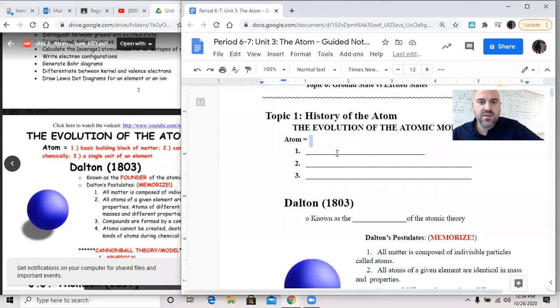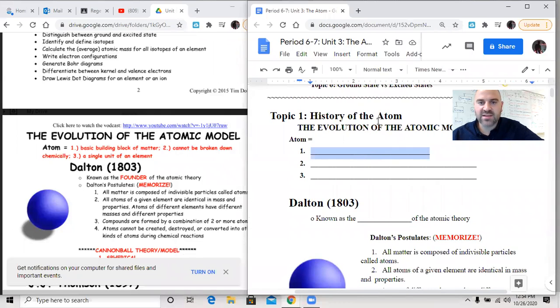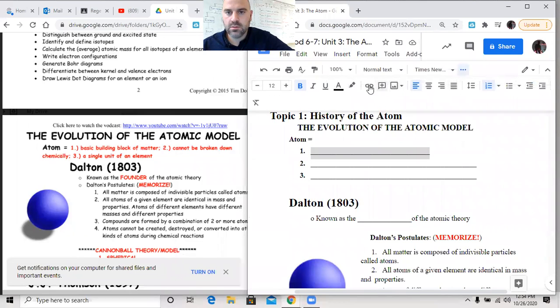Here we go. The atom. So the atom is going to be the basic building blocks of matter. So basic building blocks of matter. I'm going to fill this in here. Please, again, highlight your information.